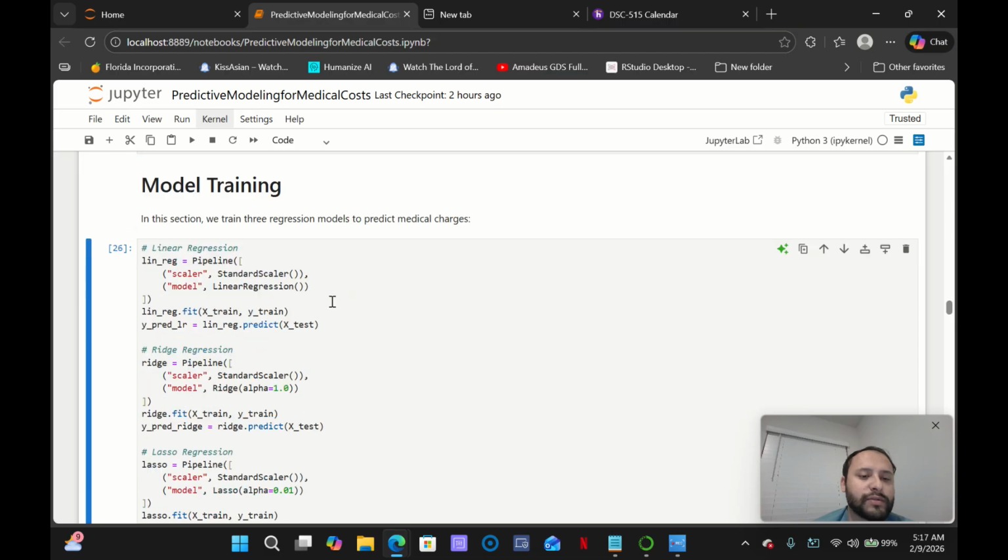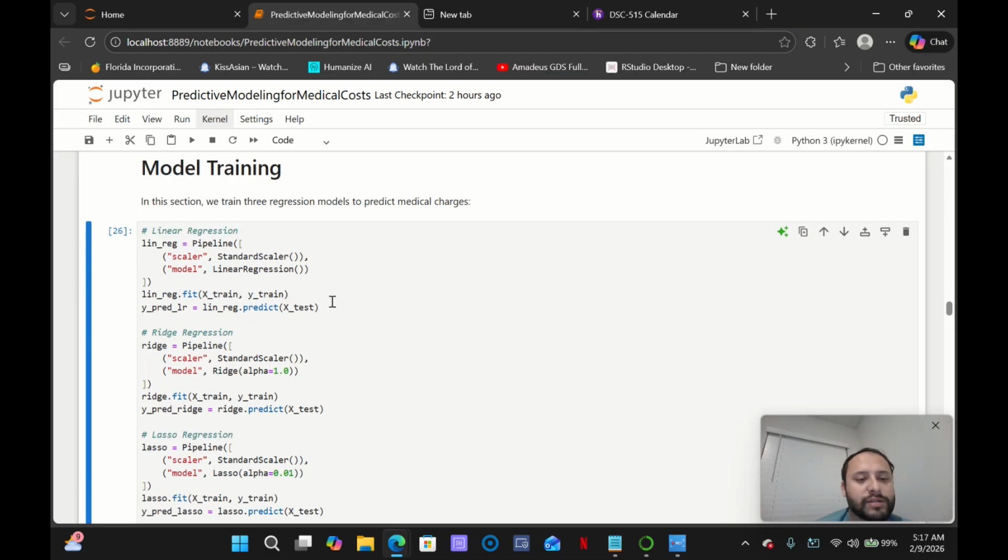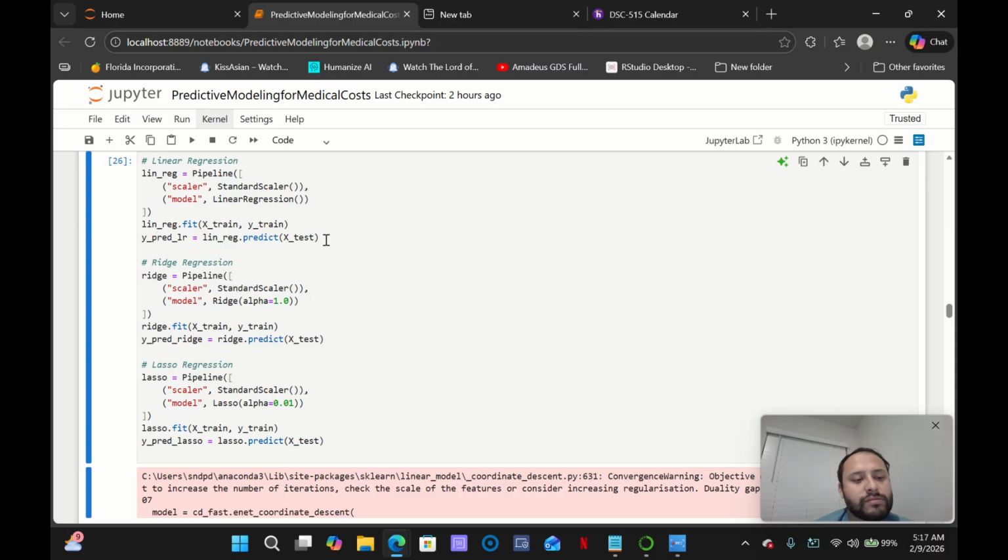In model training, I trained three regression models: baseline linear regression, ridge regression, and lasso regression.